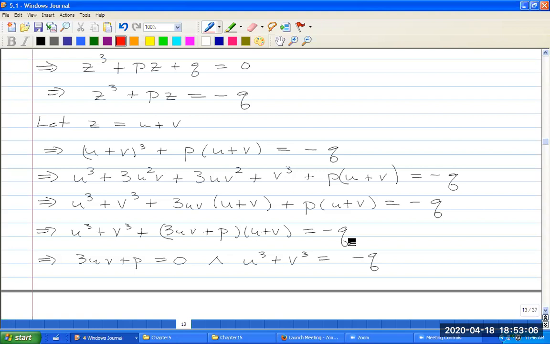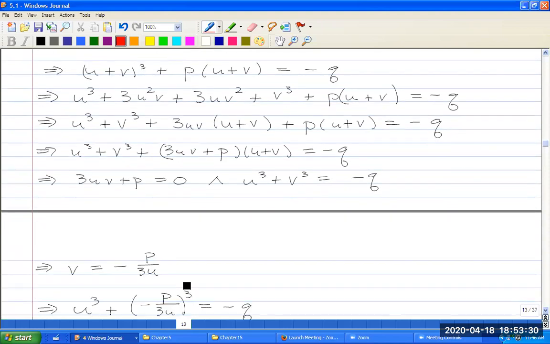Well, if I make this term 0, then I just have to solve this quantity. So let's make this guy 0. Let's solve for v: subtract p from both sides, divide by 3u.